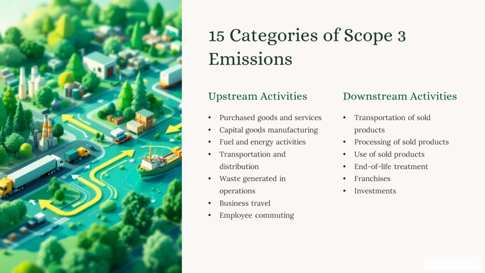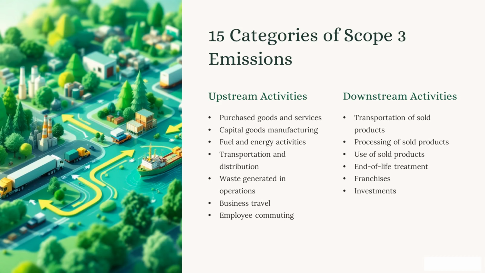This refers to emission generated during the production of raw material or components purchased by the company. Capital goods: emissions from manufacturing, machinery, equipment and infrastructure used by the company. Fuel and energy related activities: emissions from extraction, production and transportation of fuels and electricity.